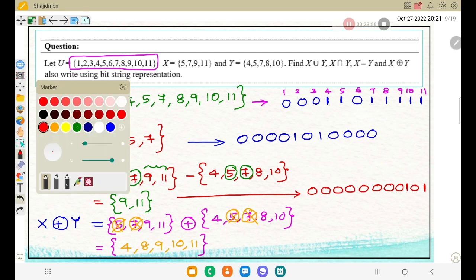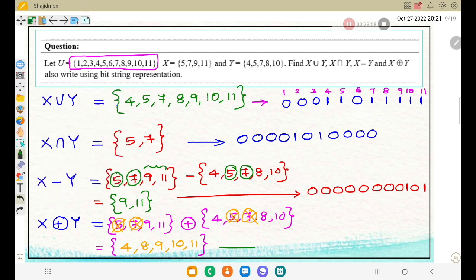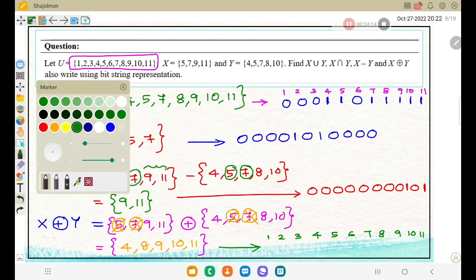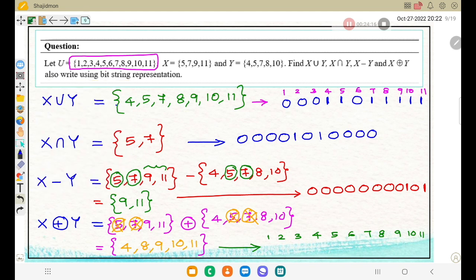Now lastly, x symmetric difference y. How can we write the bit string? Again 1, 2, 3, 4, 5, 6, 7, 8, 9, 10, 11. This is the universal set. Now, the elements we get are 1, 4, 8, 9, 10, 11. This is x symmetric difference y.